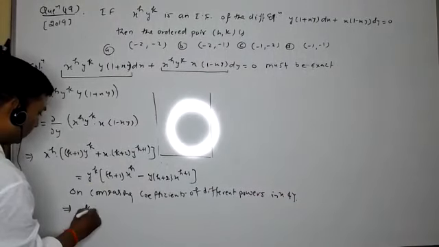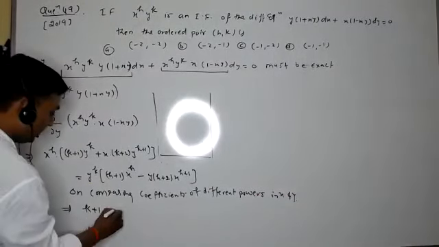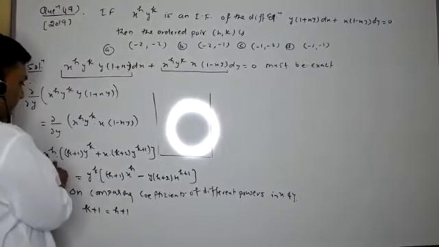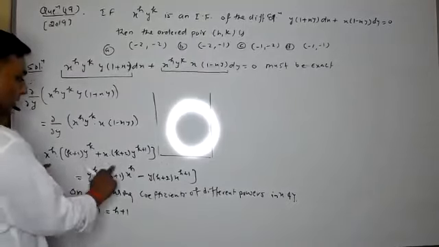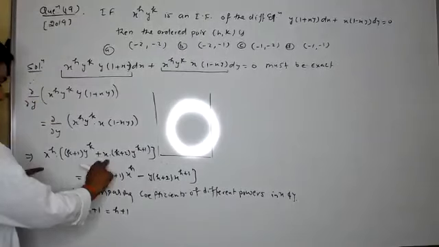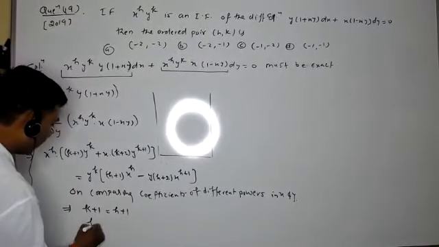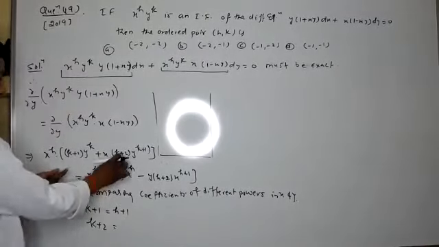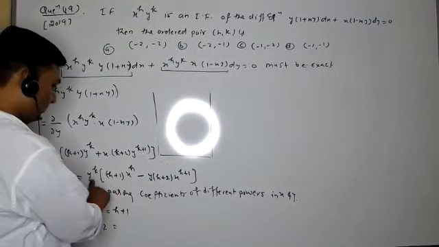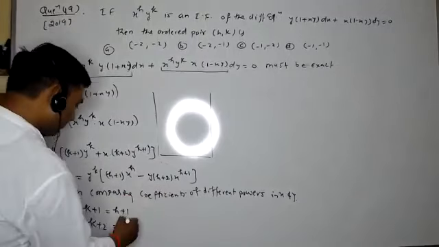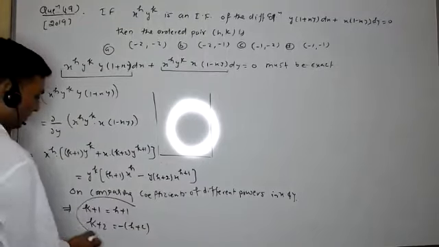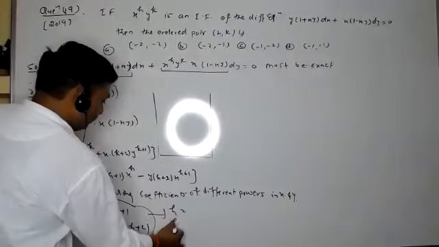Please tell me. k plus 1 equals h plus 1. If you observe this term, this is x raised to the power h plus 1, y raised to the power k plus 1, right? This x will multiply this, so you will have k plus 2 from here, and from this segment, what will you have? y raised to the power k plus 1. So that will become minus (h plus 2). Now get the value of h and k.